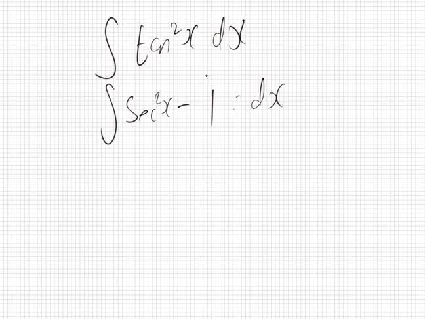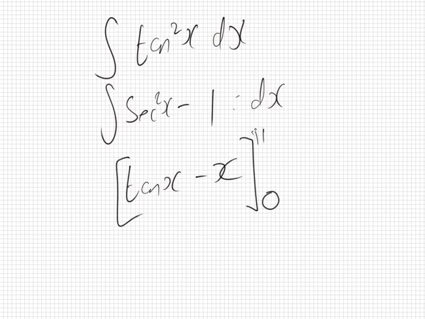So therefore the antiderivative of sec squared should be tan x. So this is tan x minus x. And then we have our limits 0, pi over 4, and then our pi as well. You see, for 5 marks, it shouldn't have been a big deal to do.